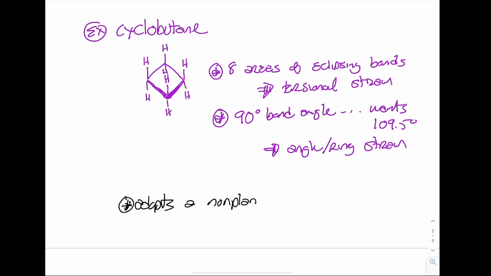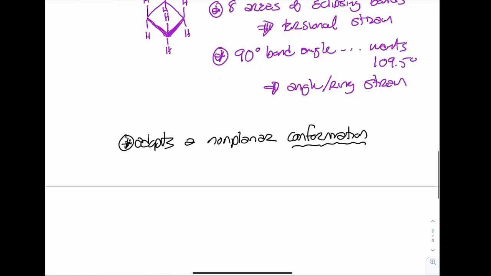So instead of keeping all 4 of those carbons in the plane, we're actually going to take one of them and pop it up out of that plane. So it adopts a non-planar conformation. Notice I'm using the word conformation because I'm not detaching a bond and reattaching it. I'm actually just going to bend one of them up a little bit. I'm going to rotate 2 of the carbon bonds partially to pop one of those out or up.